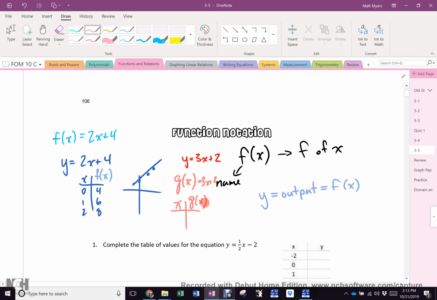Is everybody cool? Now, if I was going to graph this, the x's are still the same, but the f of x's are the output, which means they're the range, which means where do we put them? On the y-axis. I should change colors. On the y-axis. Is everybody cool?